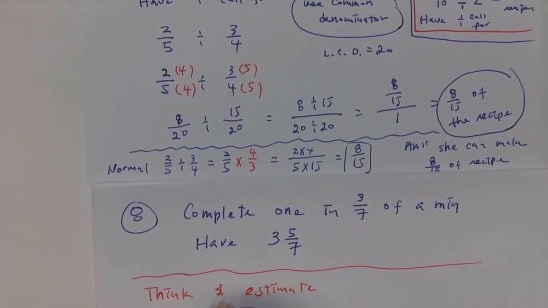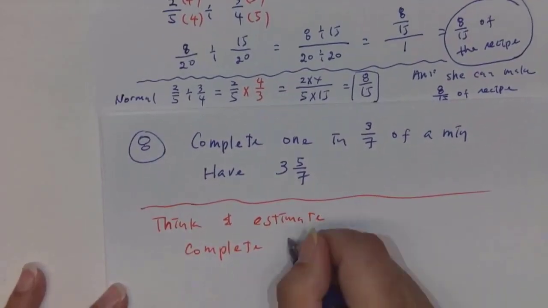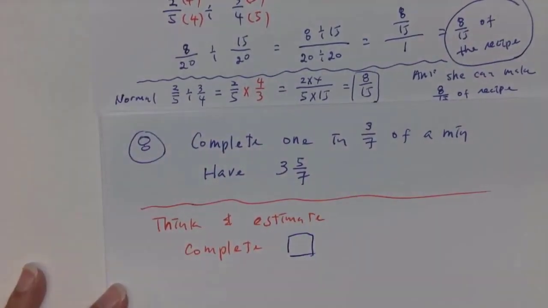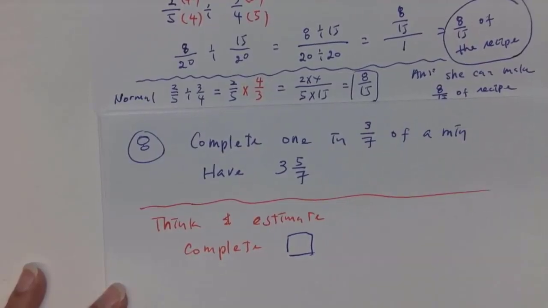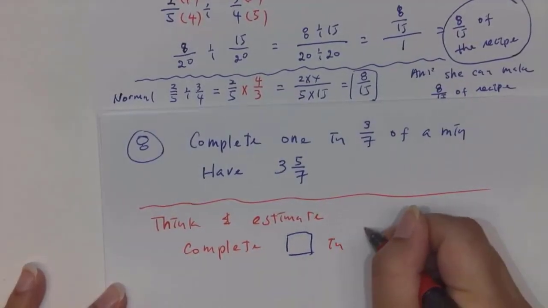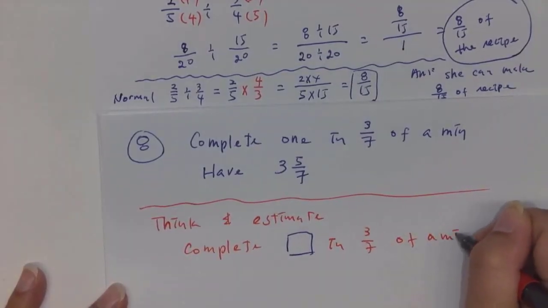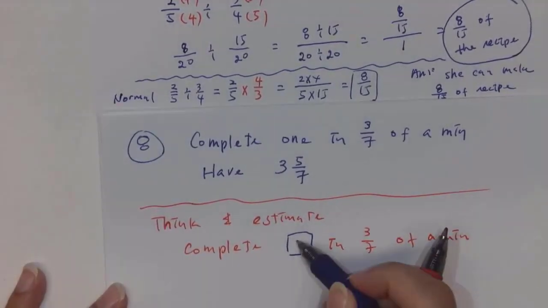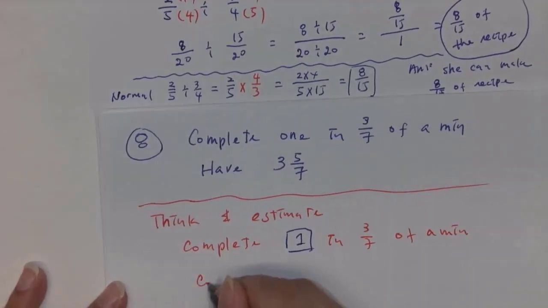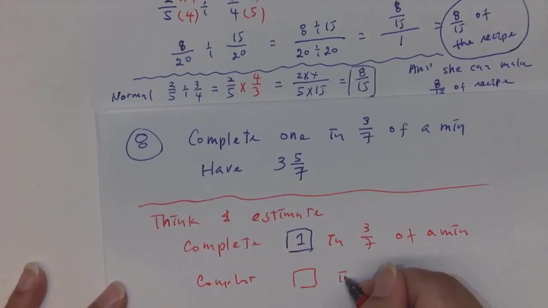Just now we say how many in 3/7 of a minute, which is just one, right? How about how many can you complete in about 1 minute?